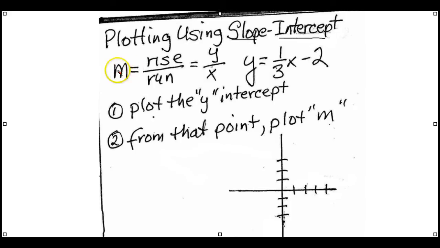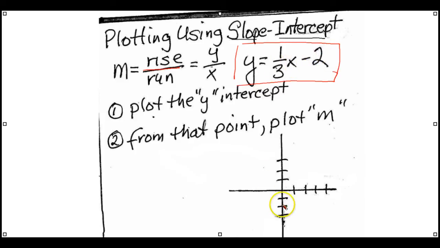Now we know slope is a ratio of rise over run, y units over x units, and here this equation is in the slope-intercept form. So what is the protocol for graphing this? Well, step 1, you plot the y-intercept. It has to be in this form. So it's a -2.